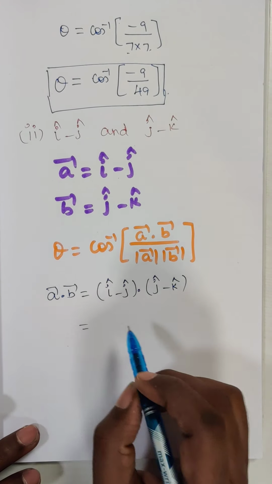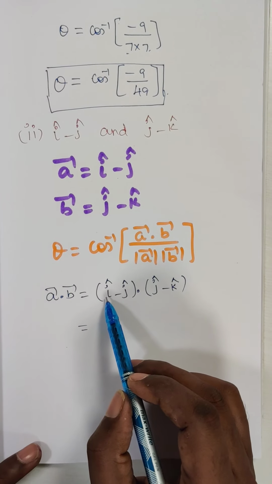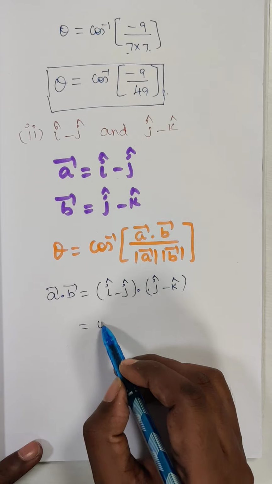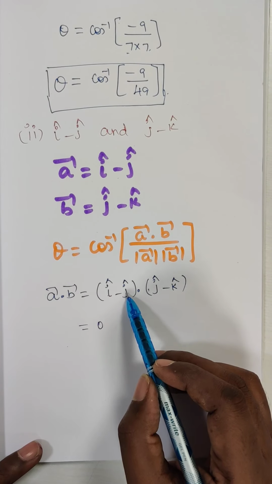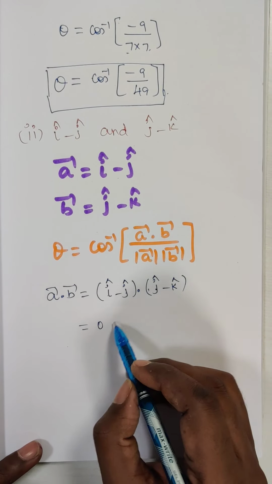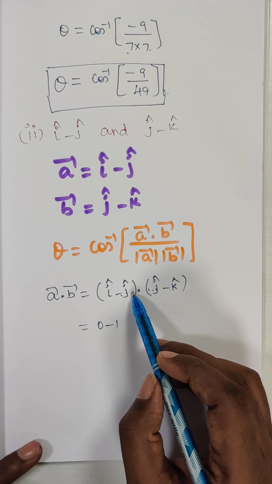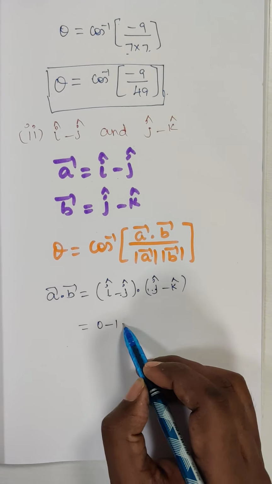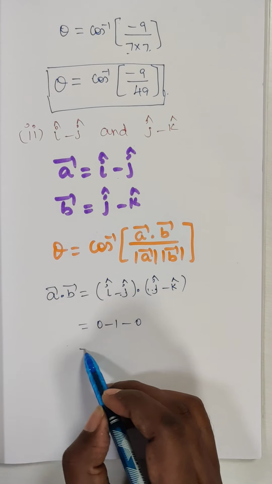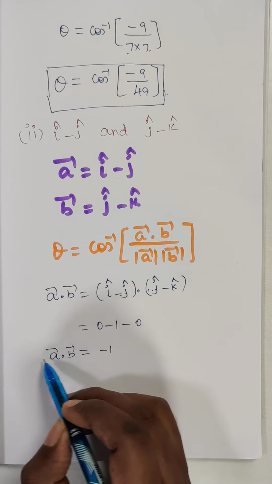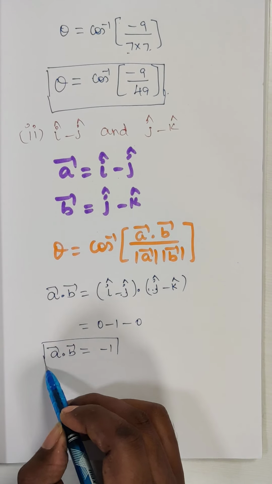So now we are going to take the dot product. i dot i, here not i in b, so 0. Next j dot j, here 1 into minus 1 is minus 1, and here not k in a, so 0. So that is equal to minus 1. So a vector dot b vector value is minus 1.